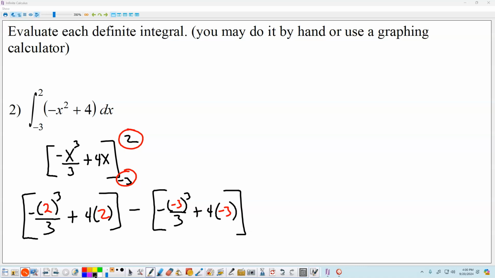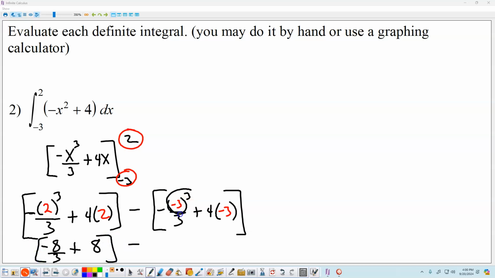Notice that this negative is not inside the parentheses, so the negative is not going to be raised to the third power, only the 2 is. So 2 to the third power is 8, so the negative is still there, -8/3 plus 8.